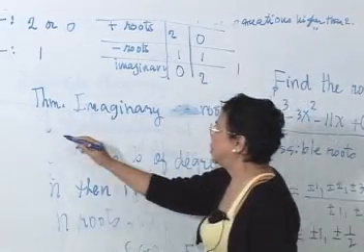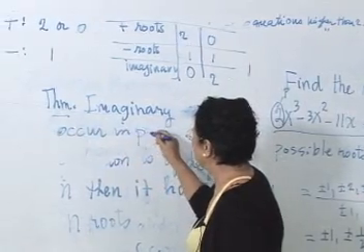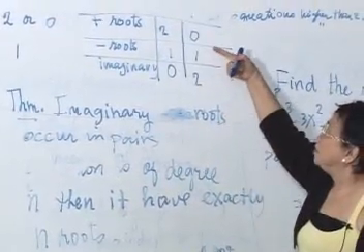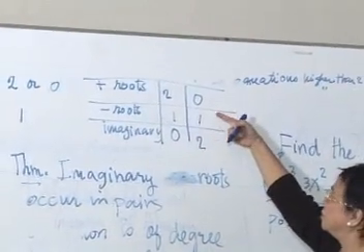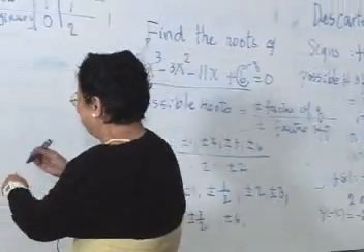Imaginary roots occur in pairs. So therefore, you either have 0 or 2. Let's try negative 2.